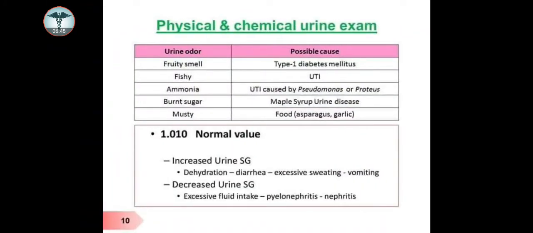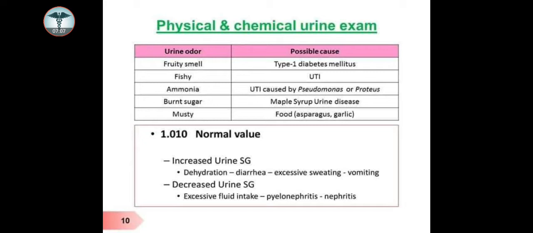Now this table indicates the different odors of the urine which are associated with different conditions. The fruity smell is associated with type 1 diabetes mellitus, and a fishy smell is related to urinary tract infection.